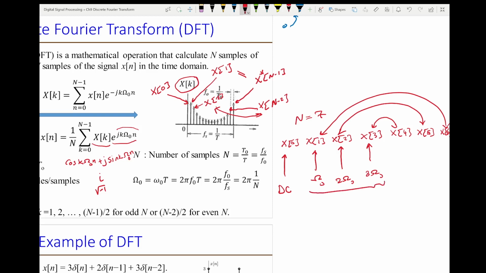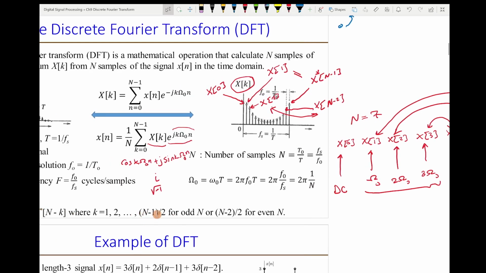How do you determine how many harmonics you have? It is by these equations. If n is odd, like this case, then the number of harmonics is n minus 1 over 2. 7 minus 1 over 2 is 3.